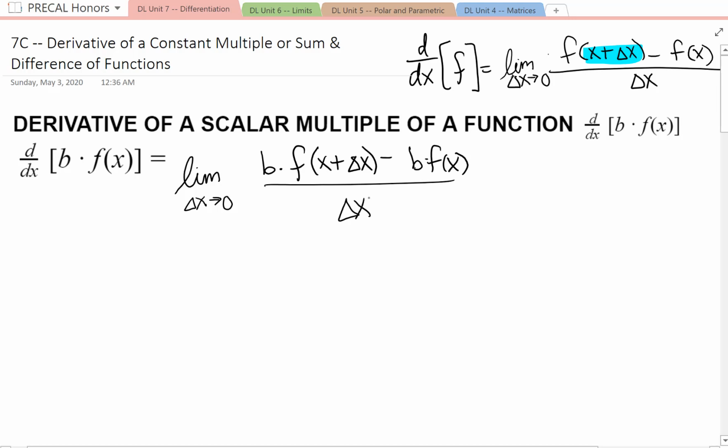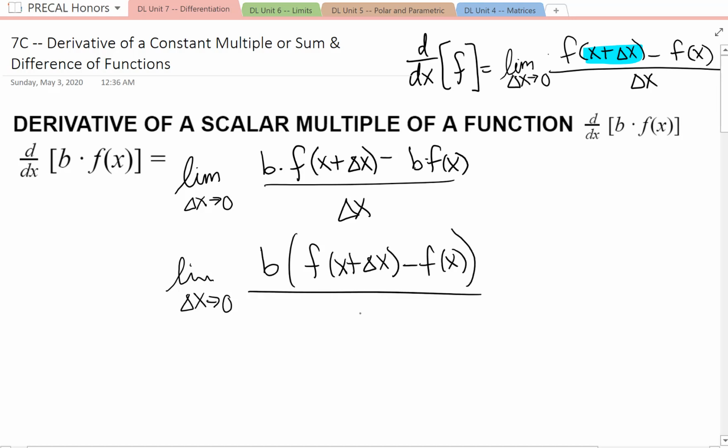Now, I have a b in both of these terms in the numerator, so I can factor that out. The limit as delta x approaches 0 of b times f of x plus delta x minus f of x, all over delta x.